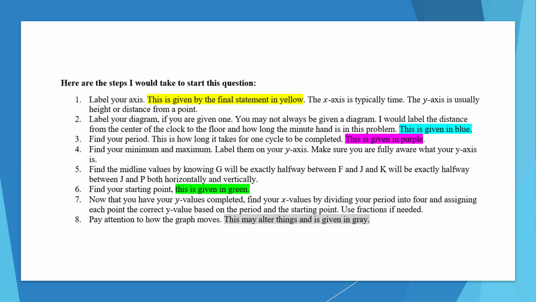And now the final 2 steps. Now that we have our y values completed, we can find our x values by dividing your period into 4 and then assigning each point the correct y value based on the period and the starting point. We can use fractions as needed, and then pay attention to how the graph moves. This may alter things and is given to us in gray.